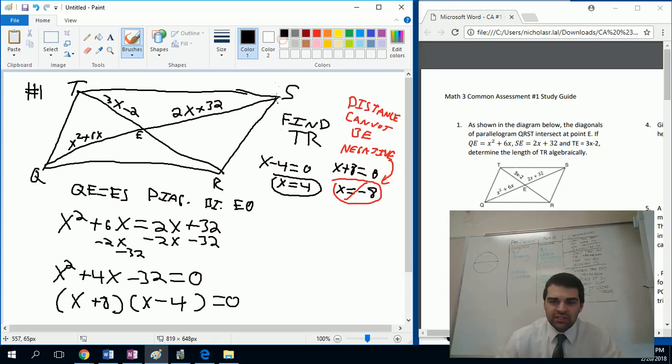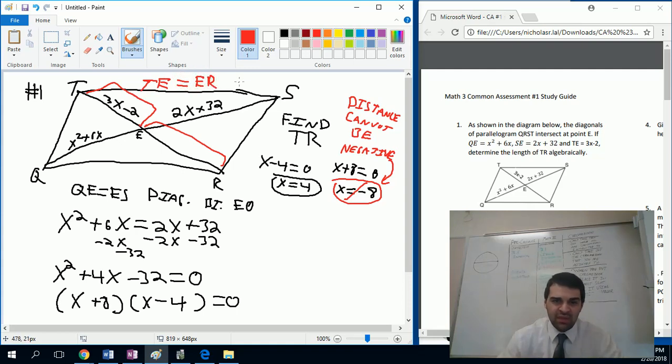Alright, let's continue on. So x is equal to 4. We need to find TR. We know that diagonals bisect each other, so that means this side, TE, is equal to this side, ER.